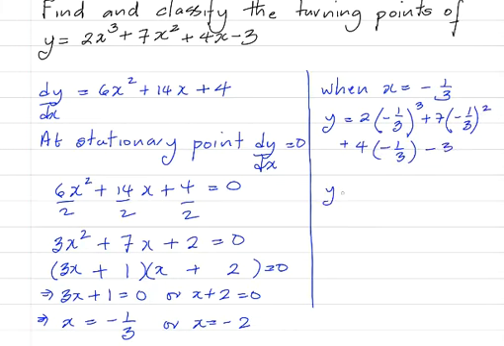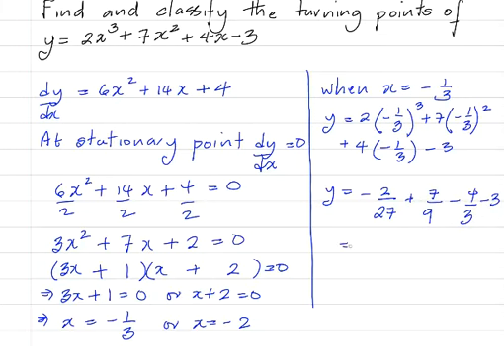So y would be equal to minus 2 over 27 plus 7 over 9 minus 4 over 3 minus 3.